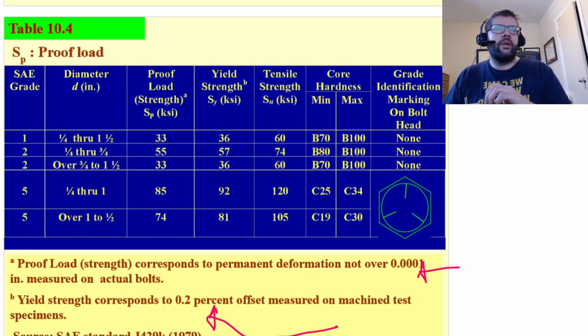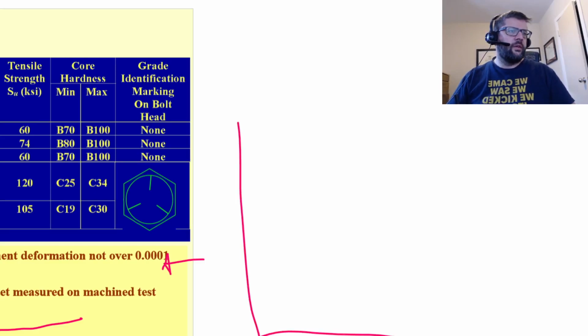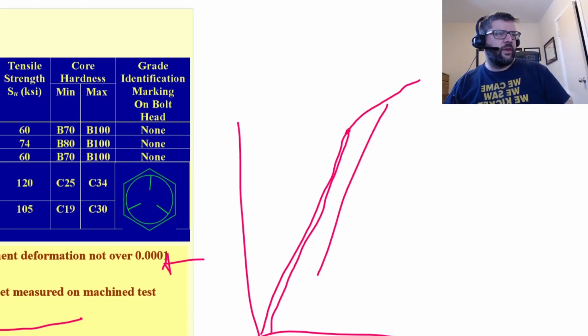So proof load, again, if we're looking at just a tensile test, we're going to have a certain area where it's still linear. So basically, proof load is closer to the linear part of the curve, whereas yield strength is something like this.